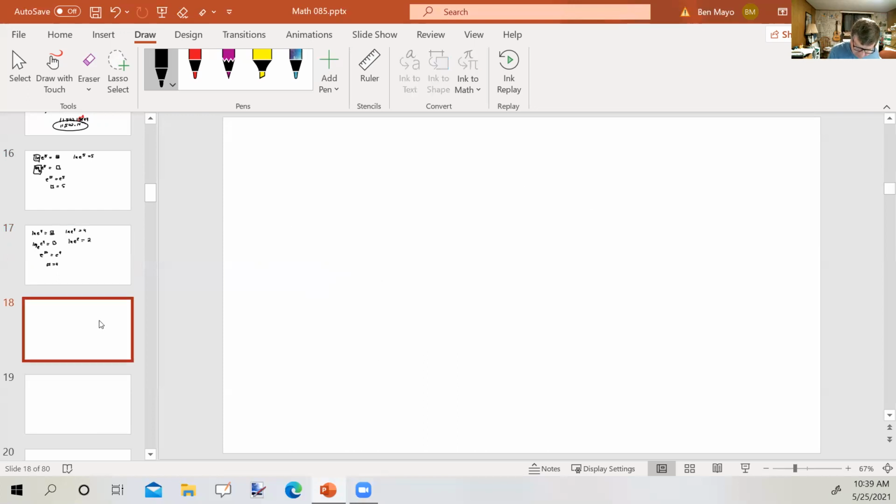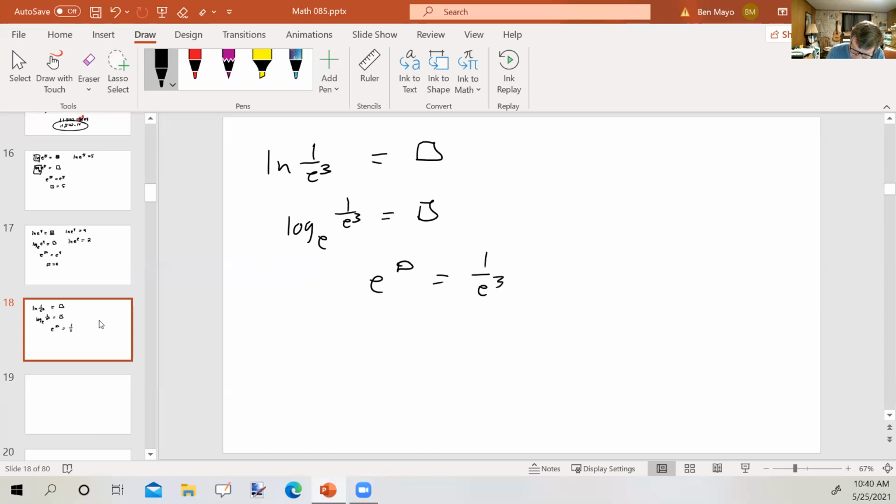How about this one? The natural log of 1 over e cubed. Well, that's equal to some unknown. Natural log is log base e of 1 over e cubed, so that equals box. e to the box equals 1 over e cubed, but isn't 1 over e cubed e to the -3 power?